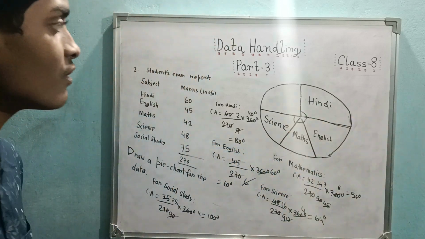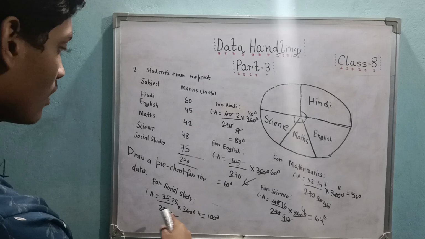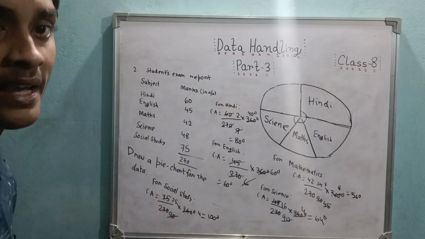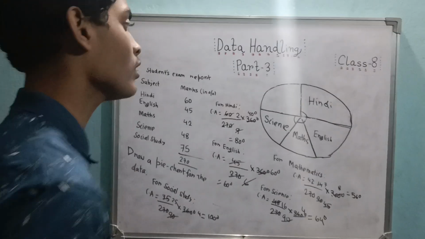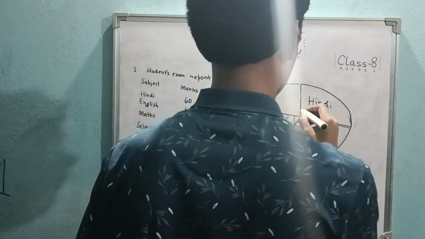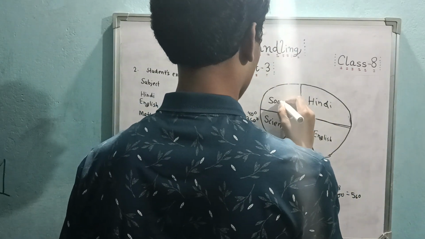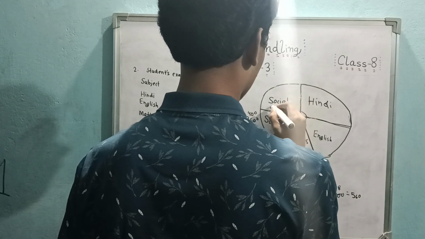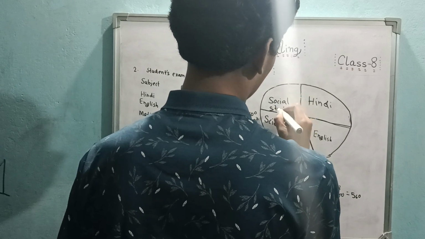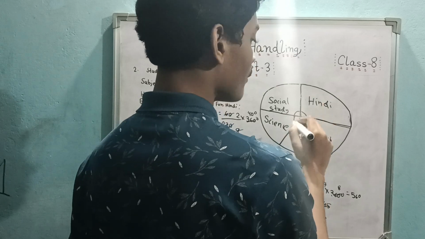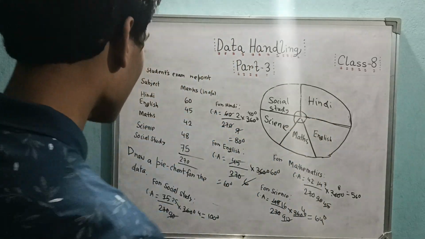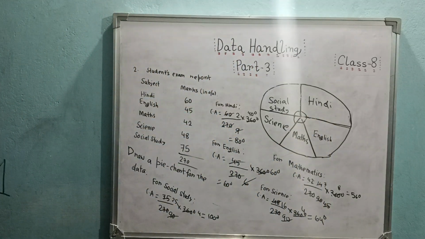In the previous sum, the last central angle directly matched. This remaining angle will obviously be for social studies, but this last angle is 87 degree, while my data says 100 degrees, not matching.